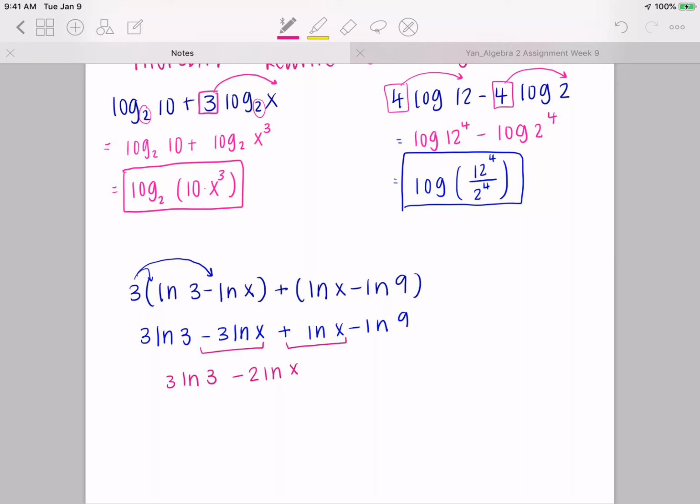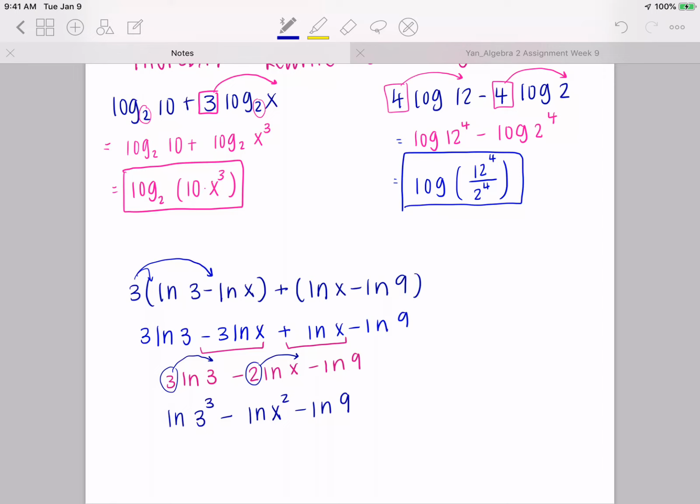Okay. Anything else I can do with this? I can take the number from the outside and bring it up to the exponents. The last one doesn't have anything. So it'll be ln 3 to the third power minus ln x to the second power minus ln 9.